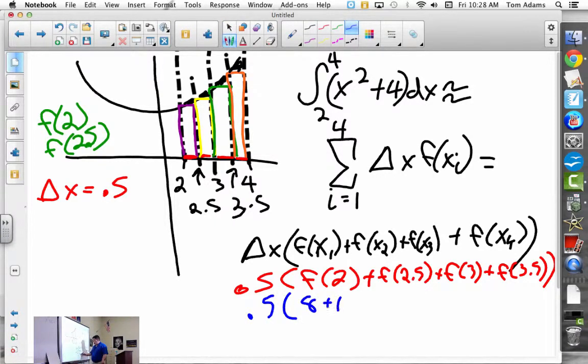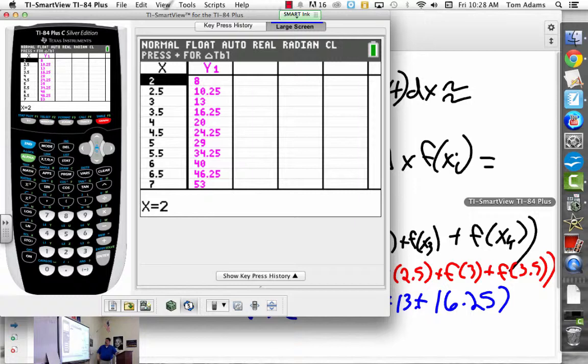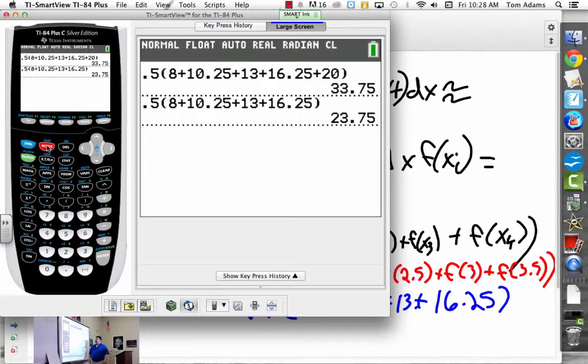It was 8 plus 10.25 plus 13 plus, what was it? 16.25. And I'm going to plug this in my calculator, and see what did we have last time? 21. We should have 21. So now if I plug that in my calculator, what do I get?